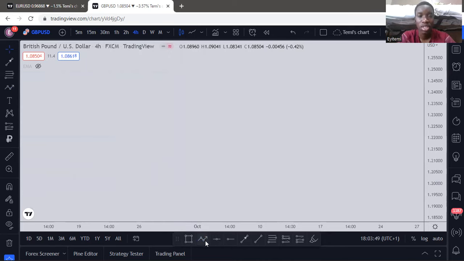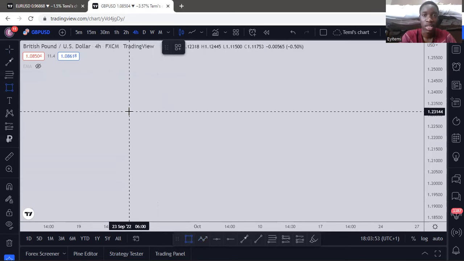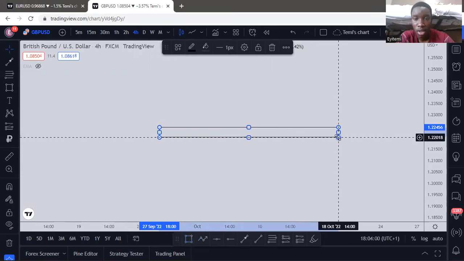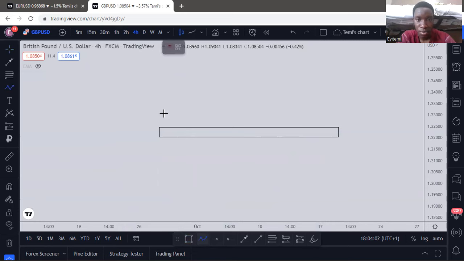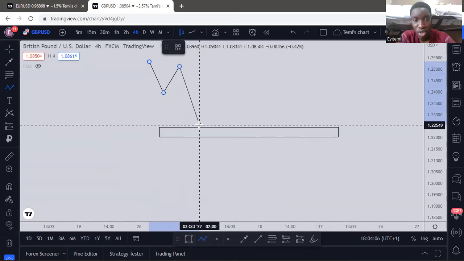Another concept I want us to get straight is the idea that once a support is broken, there's a possibility that it becomes a resistance. For example, if we have this key level over here and price in a downtrend, because market structure is important, you need to understand what trend the market is in.